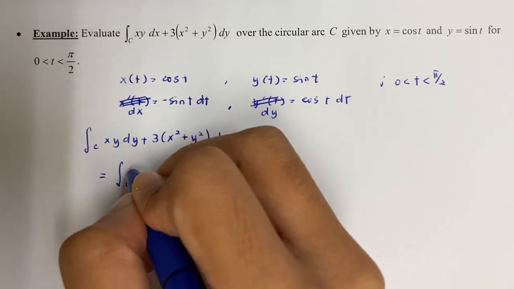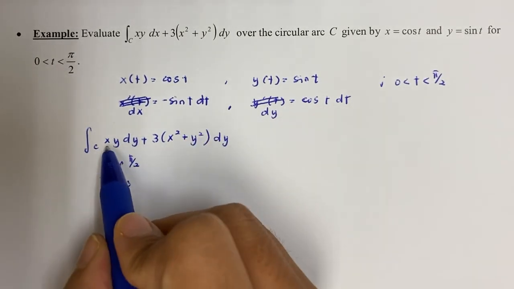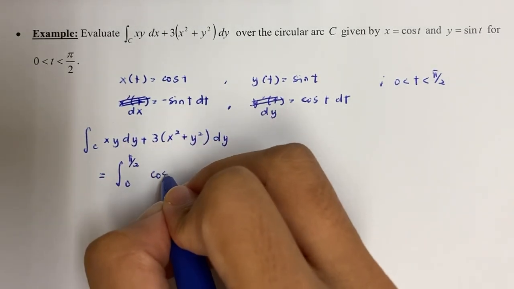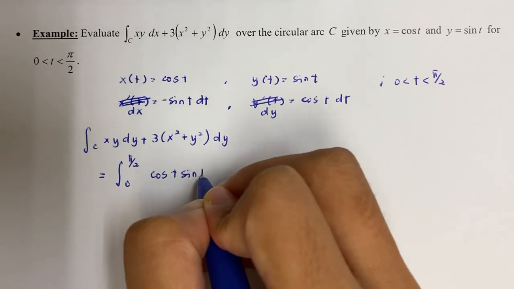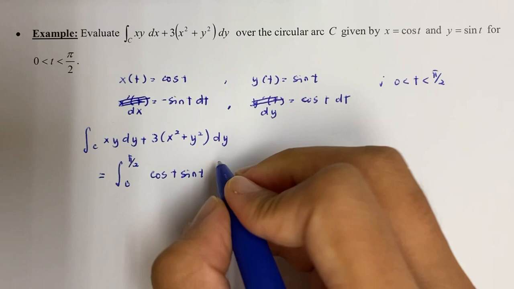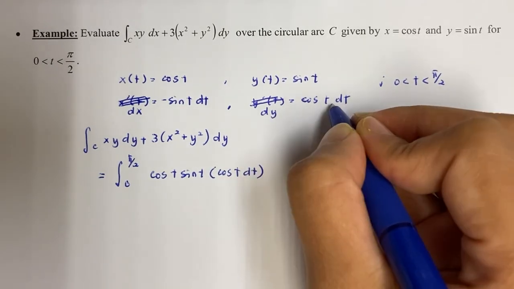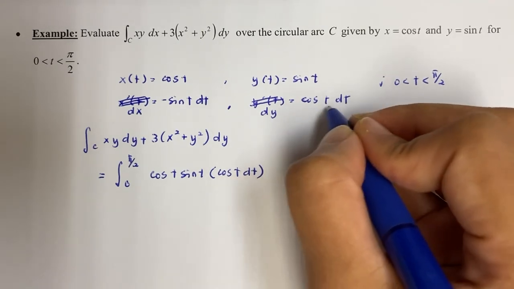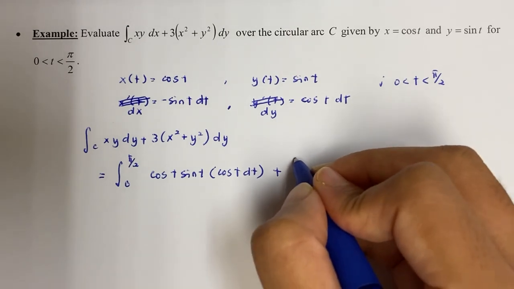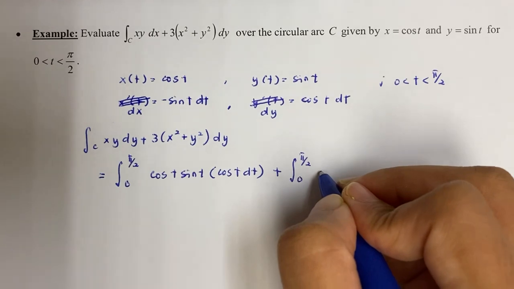The interval t is from 0 to pi over 2, and then substitute x and y: x is cos t and y is sin t. dy is equal to cos t dt. This is your dy.